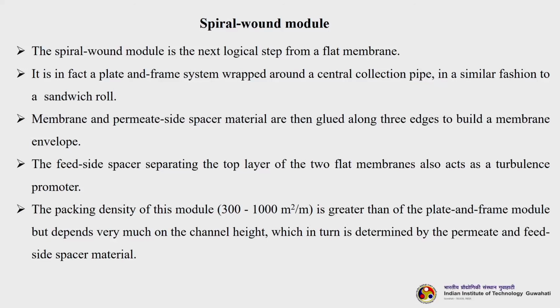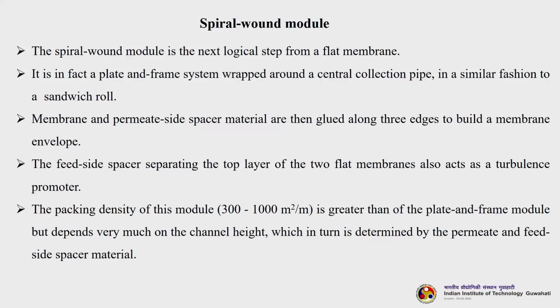Membrane and permeate side spacer material are glued along three edges to build a membrane envelope, and the feed side spacer, separating the top layer of the two flat membranes, also acts as a turbulence promoter. There will be a spacer on the feed side as well as the permeate side, and the feed side spacer acts as a turbulence promoter.